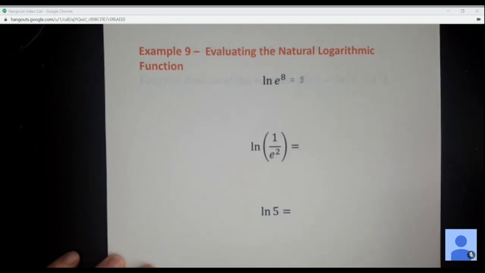Okay. This one, we've got natural log of 1 over e squared. So what do you think we could do with this one? Is there a way I could rewrite this so that it looks like one of the properties we just saw?